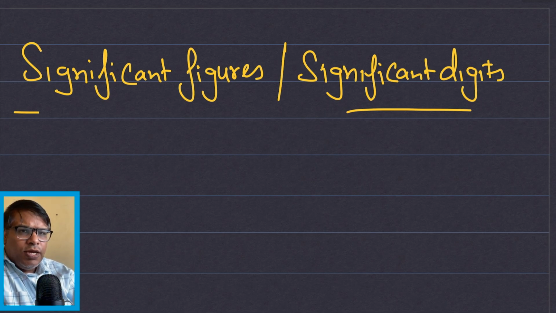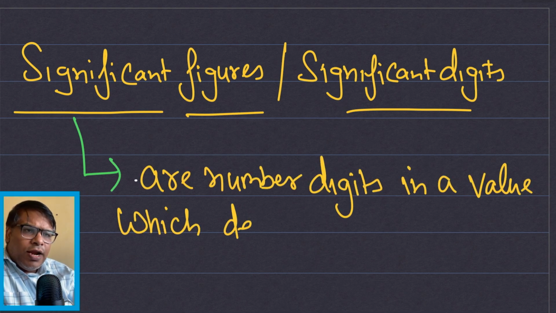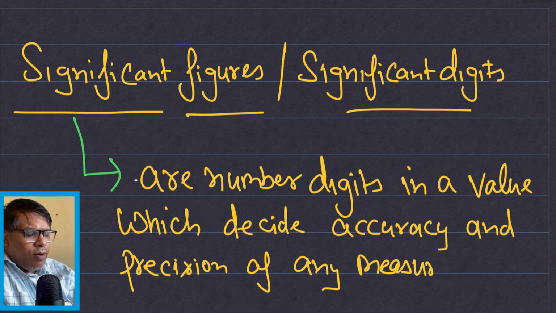Now, what are actually the significant digits? Significant digits are the digits in a value which decide the accuracy and precision of any measurement.